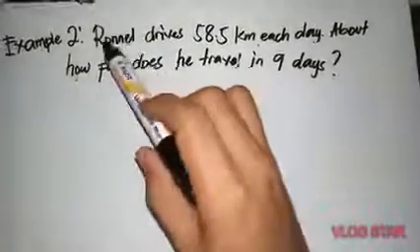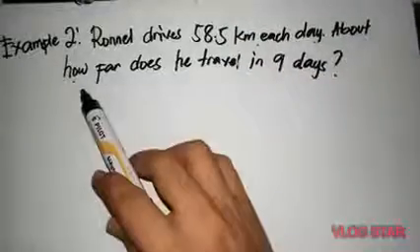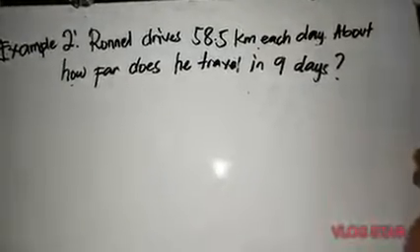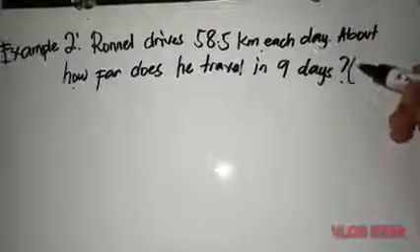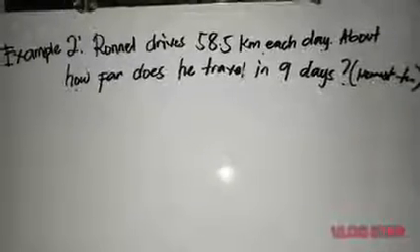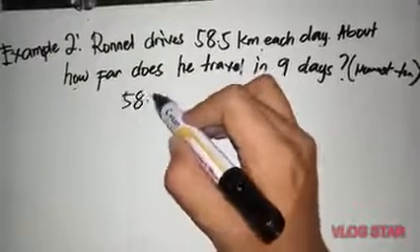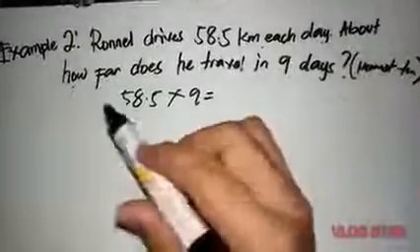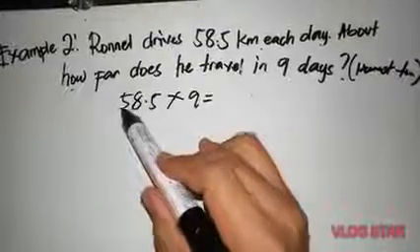Example number 2: Ronel drives 58.5 km each day. About how far does he travel in 9 days? So in this problem, let's try to solve this to the nearest 10. So 58.5 times 9. The tens digit is 5.